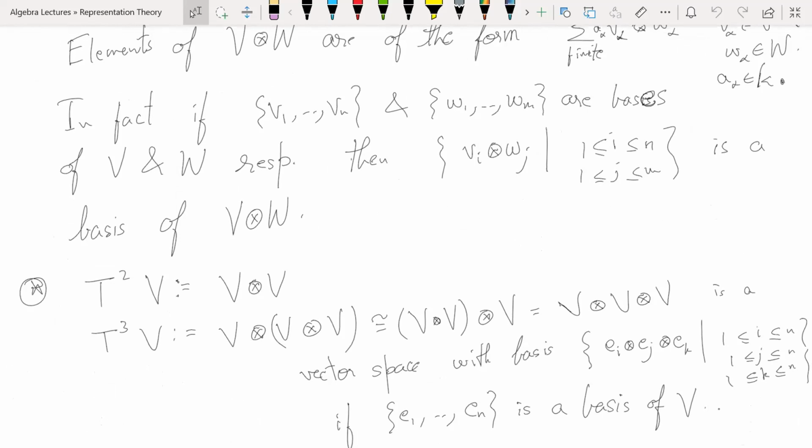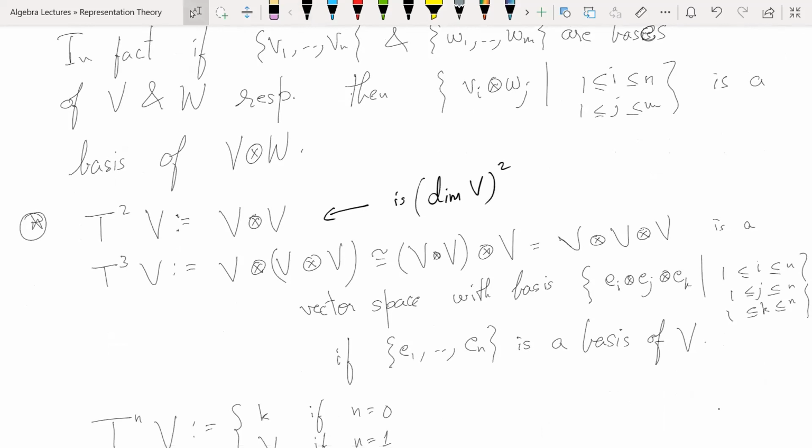If you are given a vector space V, we define T2 of V to be V tensor V. So if V is n-dimensional, what is the dimension of this? N square, right? This is the same as the dimension of V whole squared. So T squared V is straightforward.